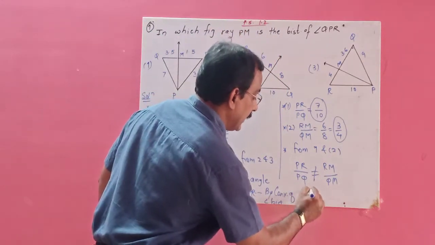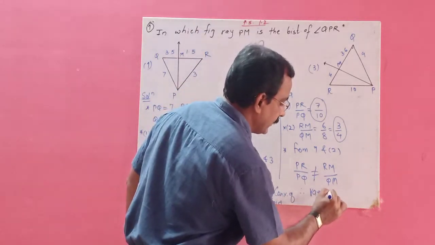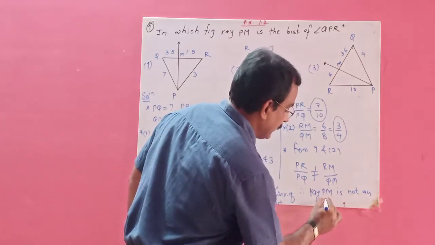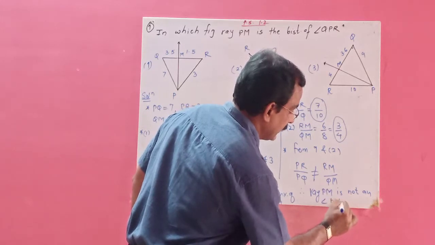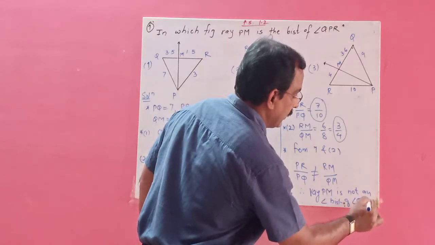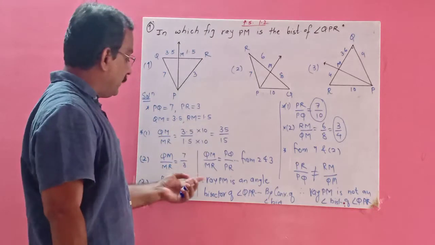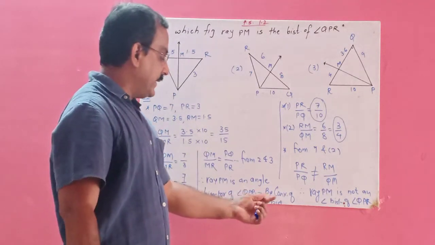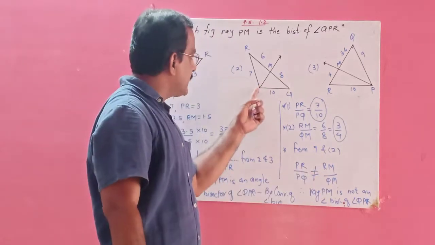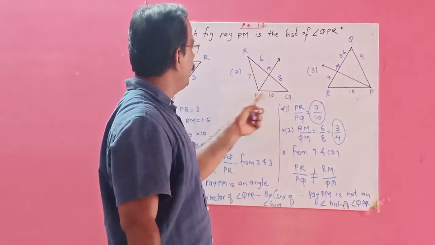Therefore, ray PM is not an angle bisector of angle QPR. And don't write the reason here. It is not required. When it is an angle bisector, in that case the reason is required. Here these two ratios are not equal. It means this ray is not an angle bisector of angle QPR.